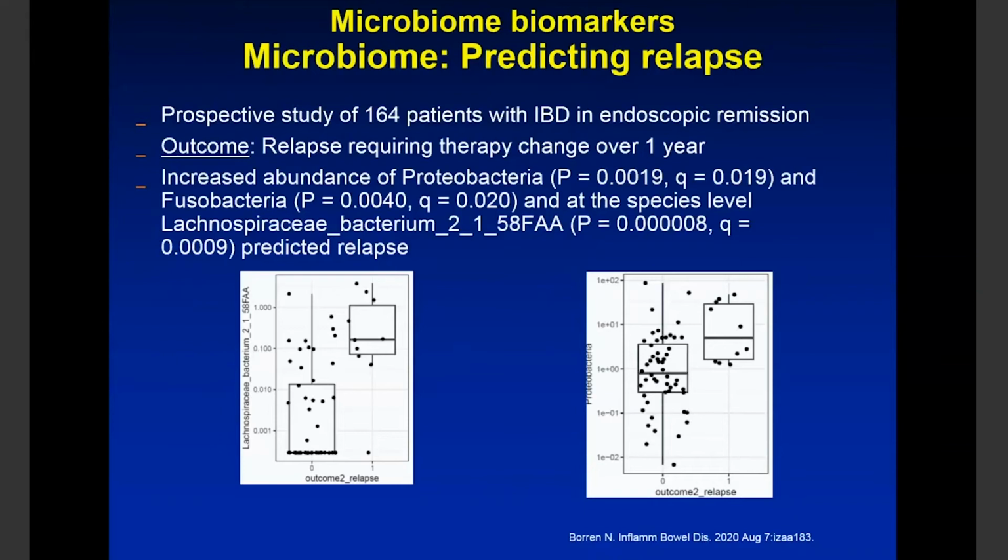And it shows that even at the time of endoscopic remission, changes in your microbial composition at either the phyla or species level correlated with or predicted this relapse occurring. For example, the lactose ratio was significantly differently distributed at remission status in those who subsequently relapsed compared to those who did not.